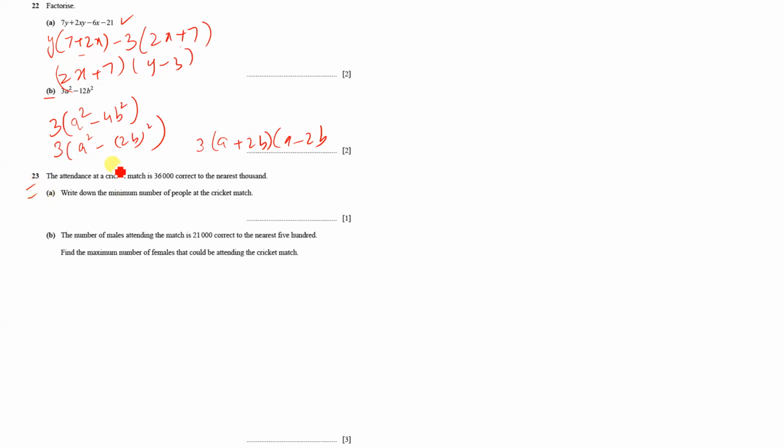Question number 23. The attendance at a cricket match is 36,000, correct to the nearest thousand. Write down the minimum number of people at the cricket match. So the range of numbers from 35,500 to 36,499 would be equal to 36,000, correct to the nearest thousand, right?